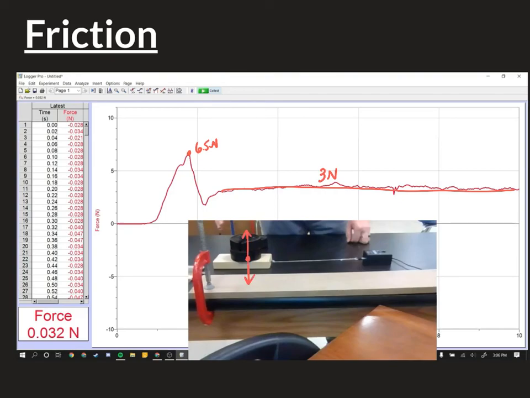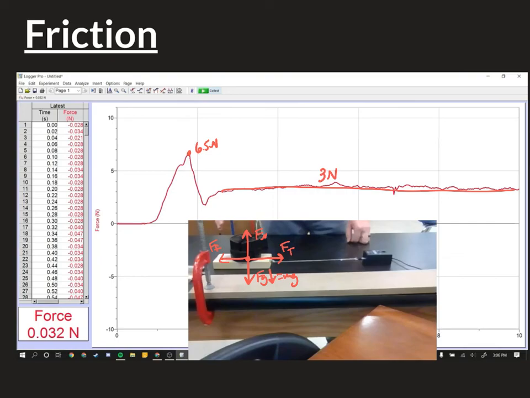think about my free body diagram. I've got force of friction, force of tension, force of gravity, and normal force. By changing the mass, I actually made the force of gravity less. Because force of gravity is mass times gravity, so if I decrease the mass, I decrease the force of gravity.